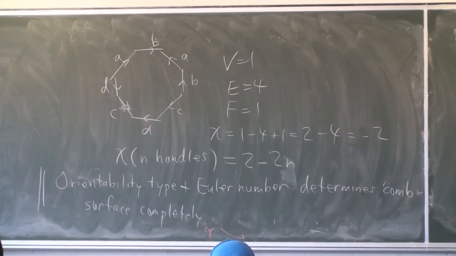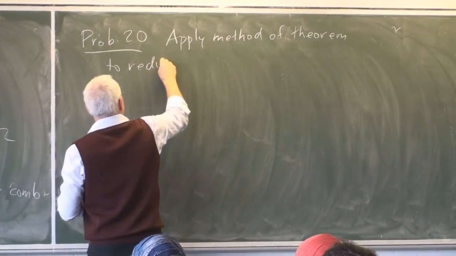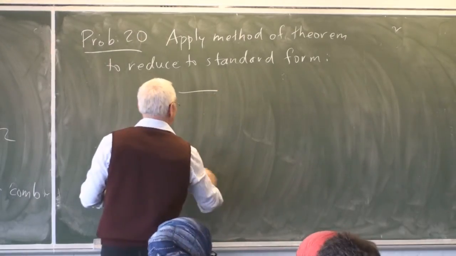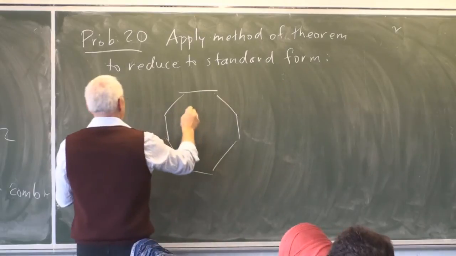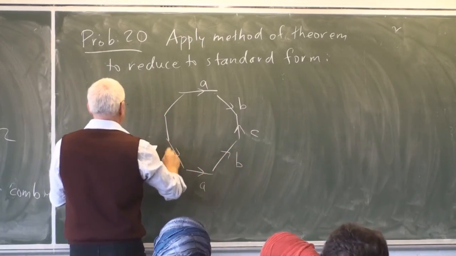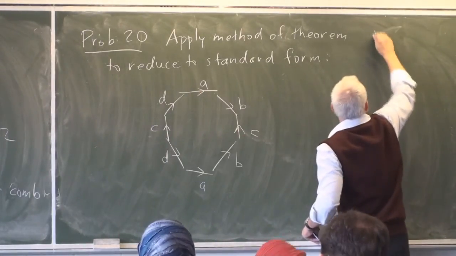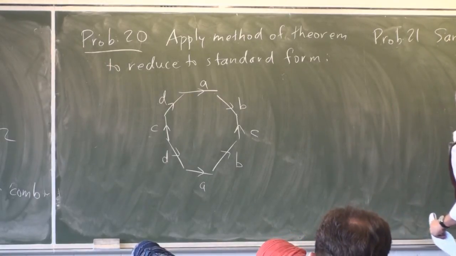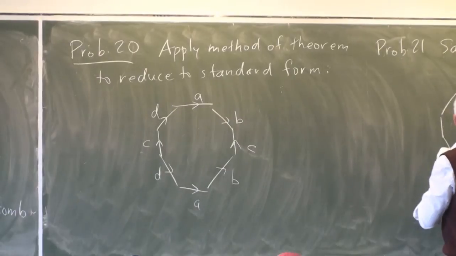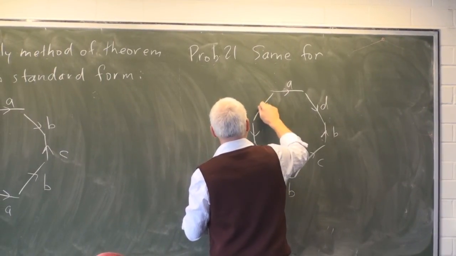Apply the method of the theorem to reduce to standard form: A, B, C, B, A, D, C, D. And problem 21, same for A, D, B, C, B, A, D, C.